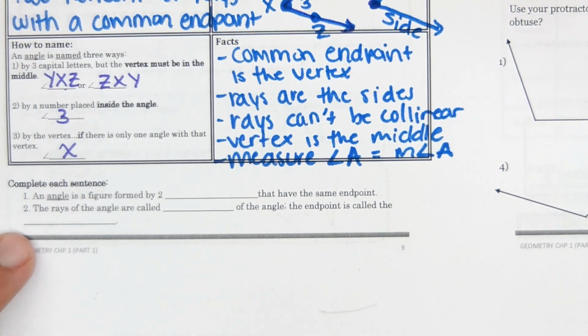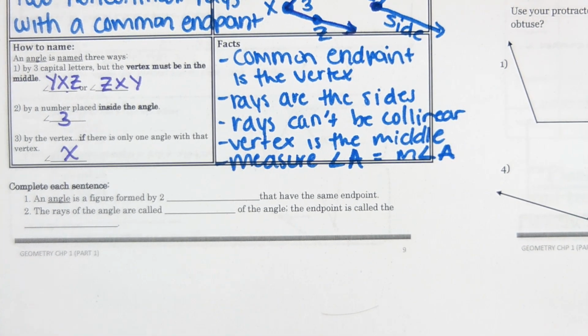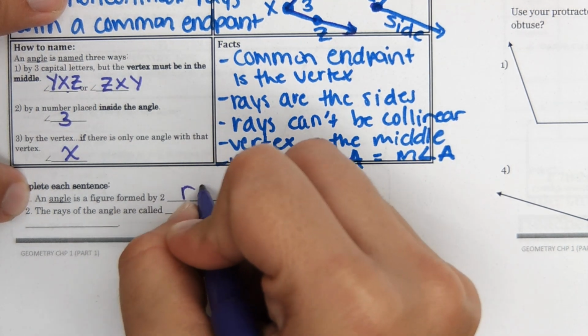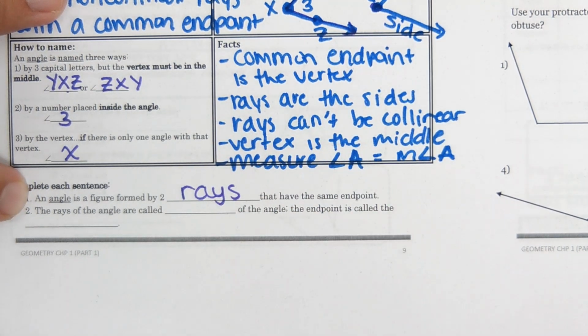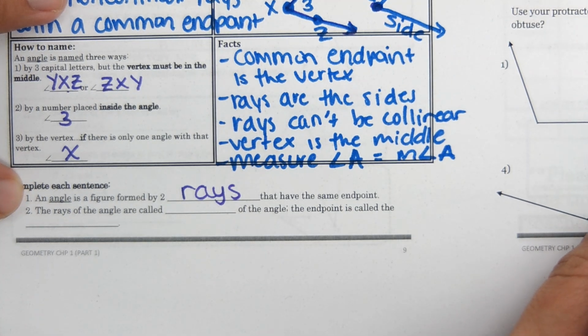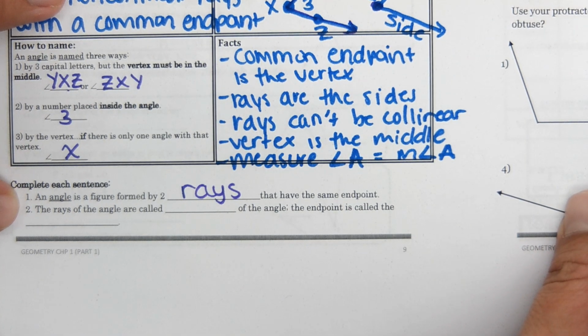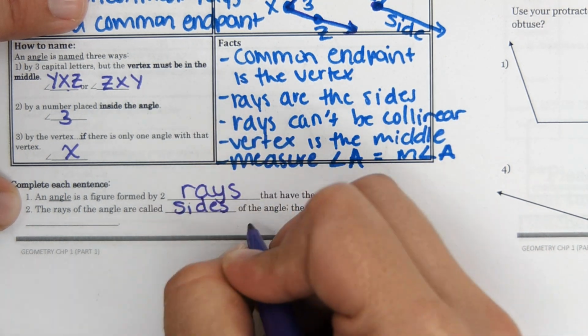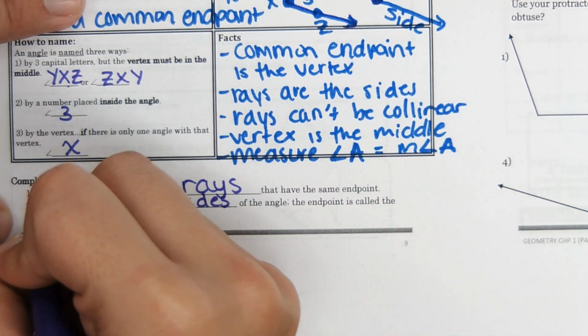And then right here, it has a couple of practice problems with vocabulary. It says an angle is a figure formed by two rays that have the same endpoint. The rays of the angle are called sides of the angle, and the endpoint is called the vertex.